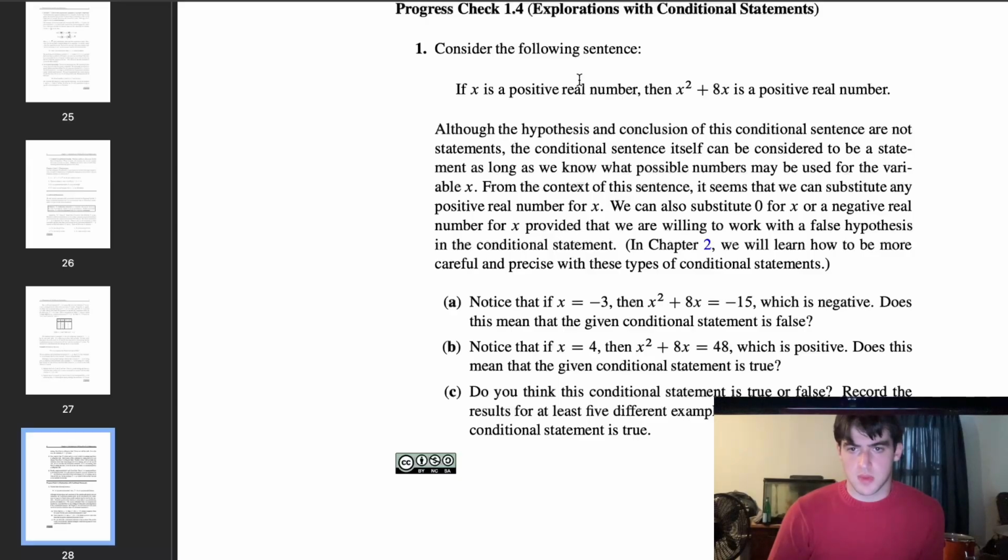Okay, so we can substitute x for 0 or a negative number, but if those examples make the conclusion false, it does not prove the conditional statement to be false because they do not match the hypothesis. I guess that's what he's saying. I feel like he's kind of saying it a little weird. In chapter 2, we will learn how to be more careful and precise with these types of conditional statements.